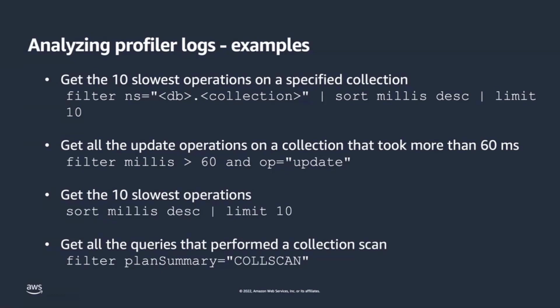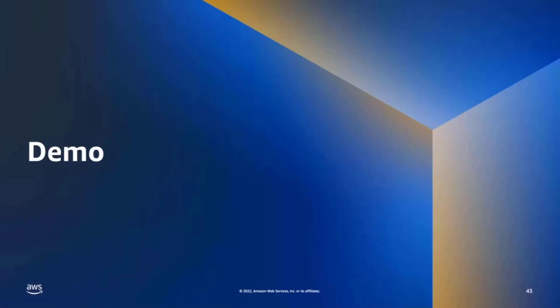Third one, show me the 10 slowest operations across all of the databases in the cluster. And then the last one, show me all of the queries that performed a collection scan. So those are some examples of filters that you might find helpful. All right, so with that, let's move into a demo of CloudWatch profiler logs.